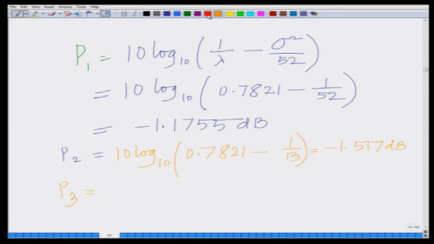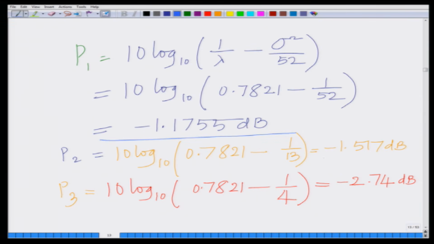P3 equals 10 log 10 of 0.7821 minus 1 over 4, equals minus 2.74 dB. So what we have done is we have found the expressions for P1, P2 and P3, and these are the powers.